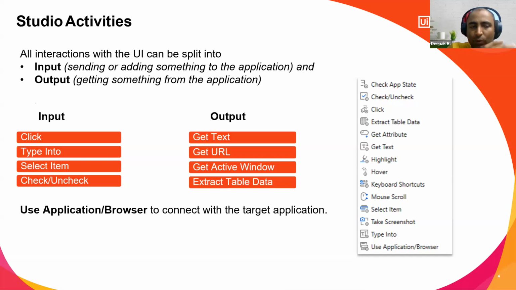To use all these activities, we normally use Use Application or Browser. Here on the right side, you can see all those actions listed. These are all UiPath Studio activities. By using these actions, we can perform our automations. It's simple enough, and we'll see them one by one in later stages.